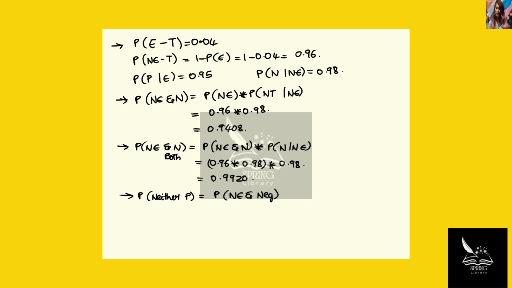For this, we have 0.96 times 0.98 times 0.98. So this value gives 0.940608. So this is the probability value for neither positive.